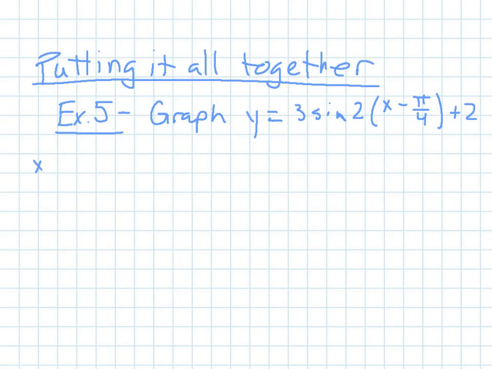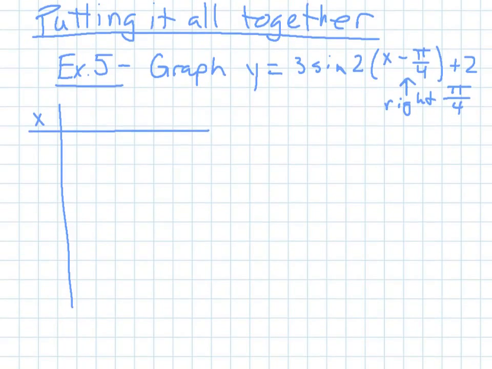Okay? So starting with our x values, I first need to figure out what my phase shift is. Looking at this, it's minus pi over 4, so that means it's moving to the right pi over 4.